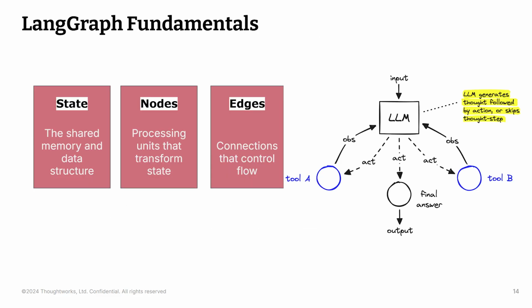So let's talk about the three fundamental things of LangGraph: state, nodes, and edges. As he has already mentioned, we have observation, action, reasoning. It's the same everywhere; we just call it in a different way. State is like what you would have heard about in a state machine in a graph.